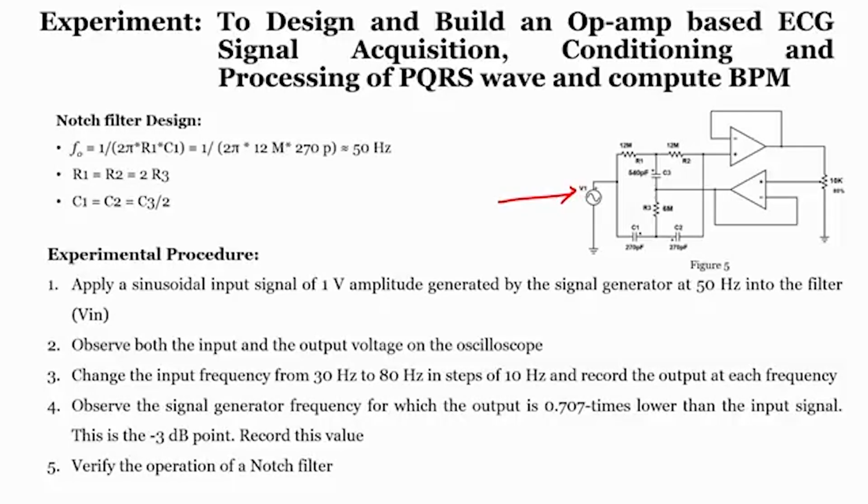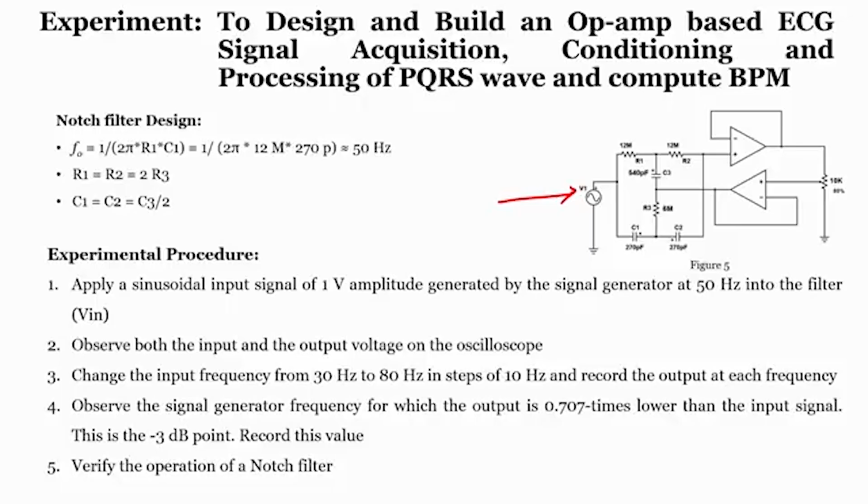The reason is that we need to reject only the 50 hertz signal while accepting all the other frequencies. Same way, R1 equals R2 equals 2 times R3, and C1 equals C2 equals C3 by 2. If we keep these values, then we can design a notch filter which will give us a 50 hertz notch, or we can remove the 50 hertz signal.